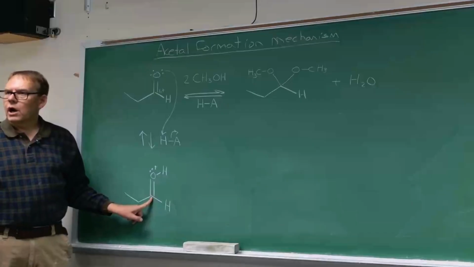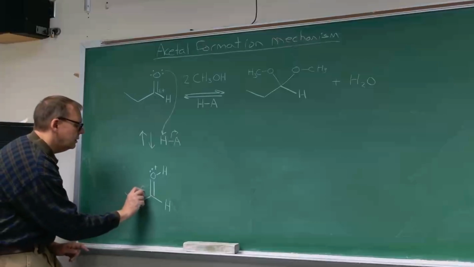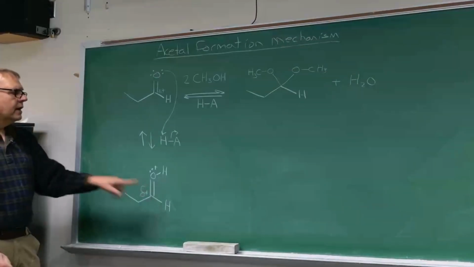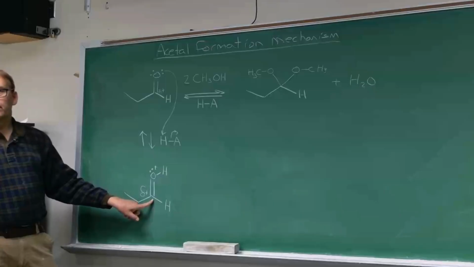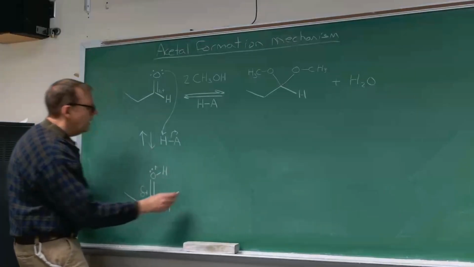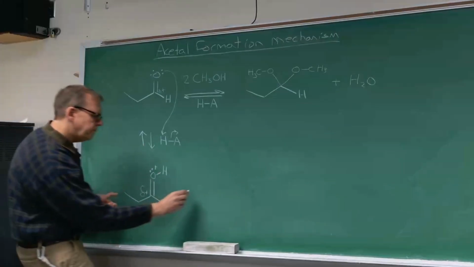I'm not going to draw it, but it's there. And if you wanted to draw it, that would help explain how this carbon has just a really big partial positive charge. So it's an activated carbonyl. Now, a weak nucleophile like alcohol will attack it, and that's what happens in the next step. And I'm putting double-headed arrows here because all of these steps are reversible.